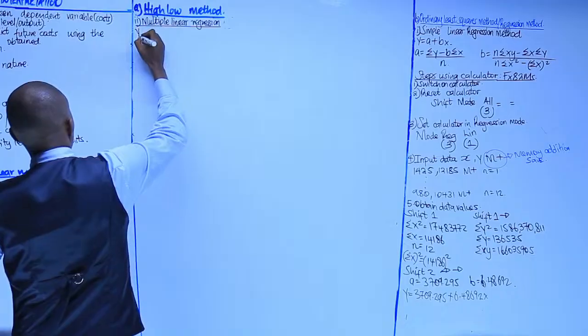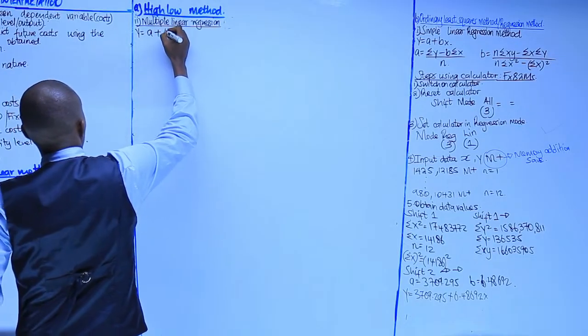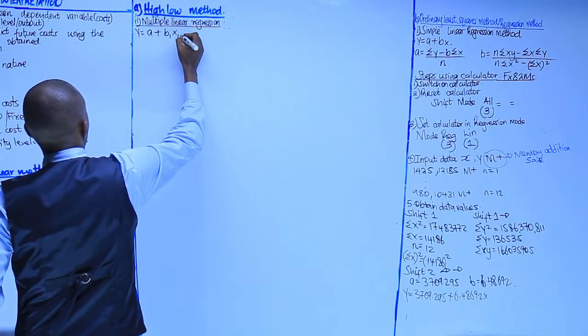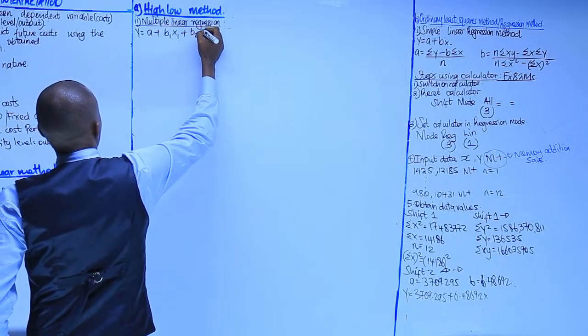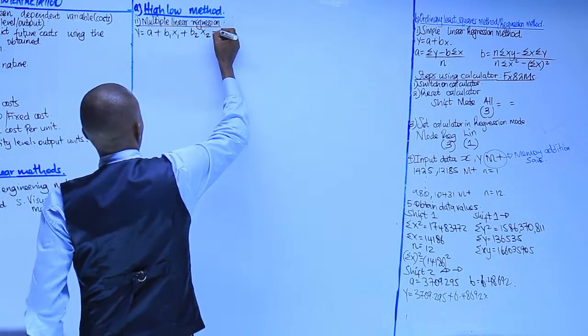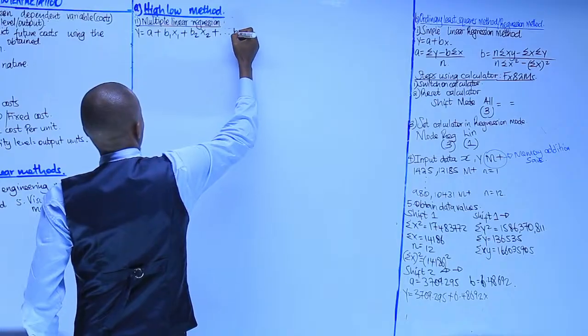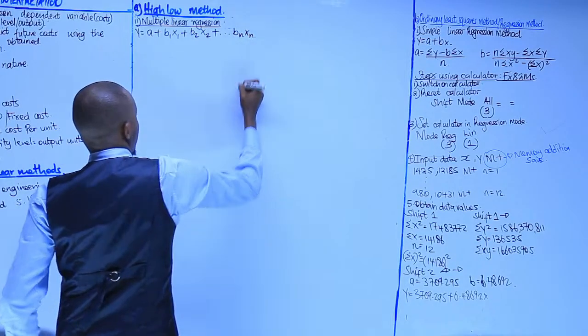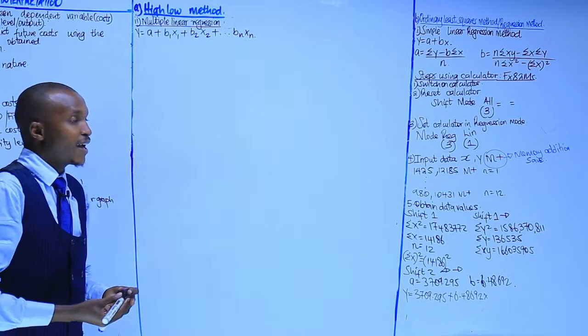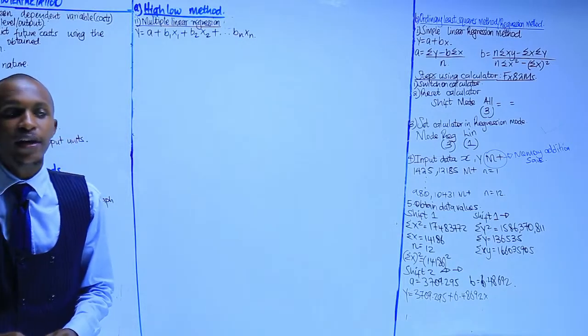So it must be of the form y is equal to a plus b1 x1 plus b2 x2 all the way to bn xn, where x represents your independent variables.